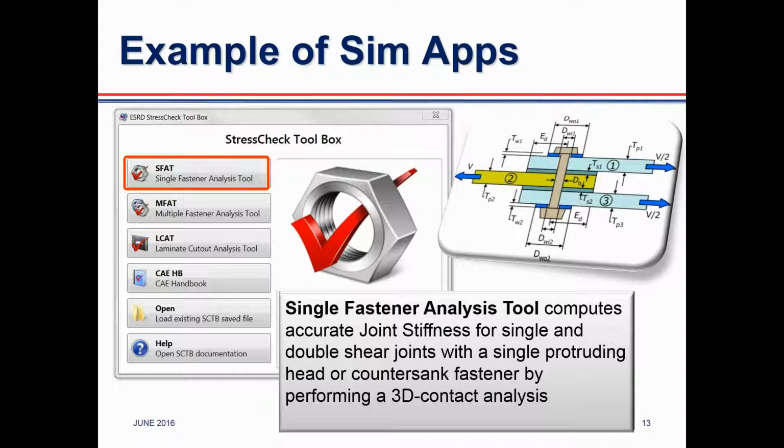They can analyze single and double shear joints, and the configuration, what you see here on the left, is such that it allows over 400 possible combinations of material properties, type of material, the presence of shimming, type of fasteners, washers, bushings, etc. And all this analysis is performed by doing a fully three-dimensional contact without the user participation in the creation of any of the meshes that are required.